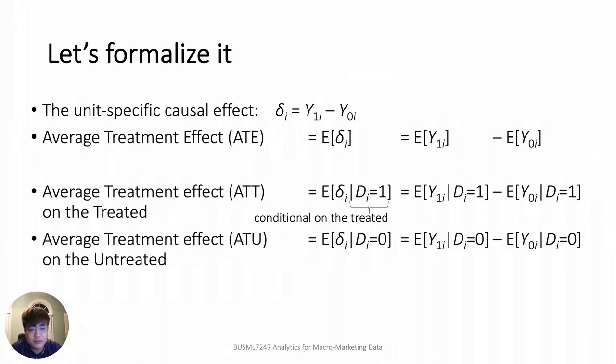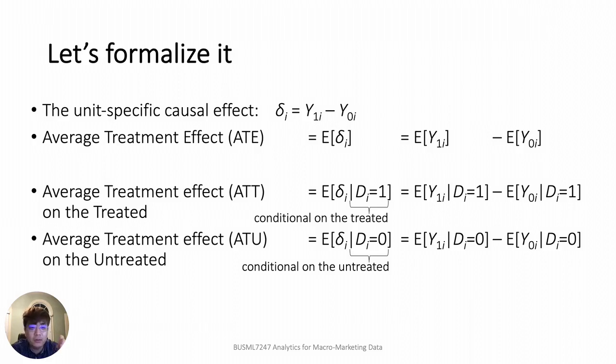The other version is the average treatment effect only for the untreated, so-called ATU. In the same manner, this effect is given by the mean of delta i, conditional on the untreated, and it is the same as the conditional mean of Y1i minus the conditional mean of Y0i.